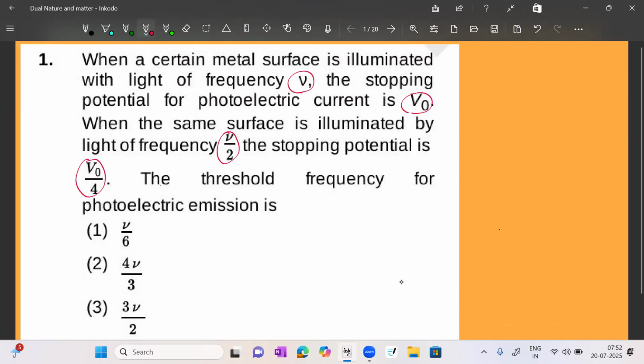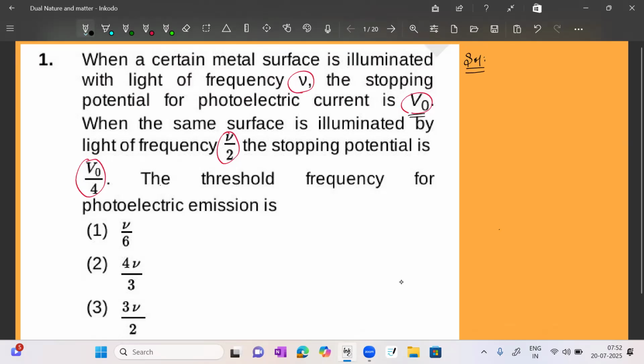So we can use the formula here to find the stopping potential. First time the frequency given is ν, second time is ν by 2, and the stopping potentials are V naught and V naught by 4. Stopping potential given means indirectly they gave the kinetic energy.